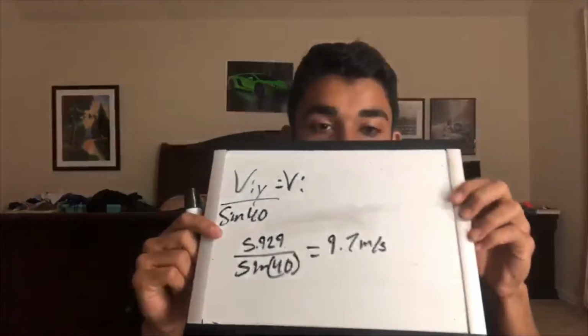In this formula, because we estimated the angle of our projectile to be around 40 degrees when we launched it, it is only fair that the numbers don't line up, because it is not the true degree in which we launched it. If the degree was exact, then both of these numbers would be the same.